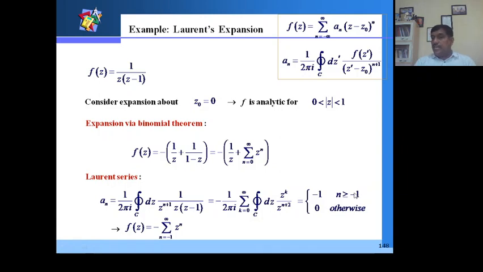It is minus 1 if n is greater than or equal to minus 1, and 0 otherwise. We can represent this function as summation with n running from minus 1 to infinity of z to the power of n, because this also includes the term that starts from 0. If taken inside, that becomes z to the power of minus 1, which means 1 by z.